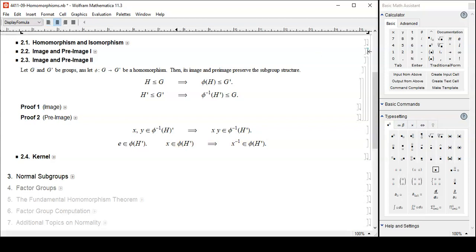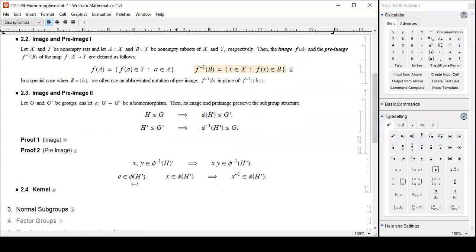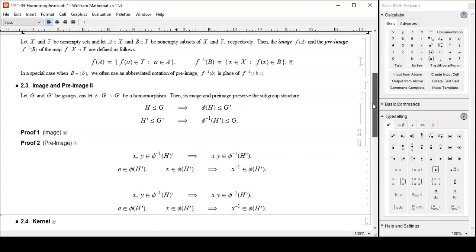And then how did he define the preimage? We define like this. We didn't use inverse map. We use only forward map. Phi of x belongs to H prime. So if I apply that, this can be rewritten. Excuse me. Let me copy and paste that thing down here. Okay.